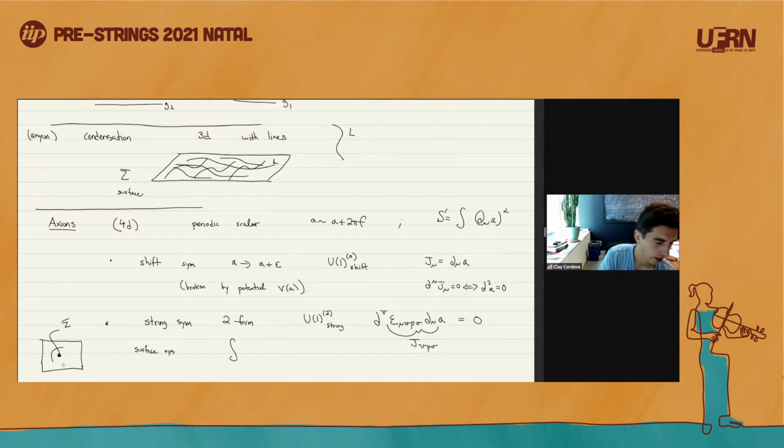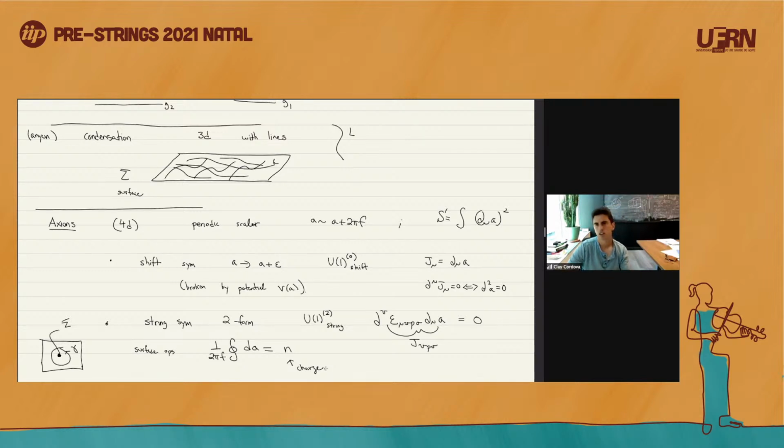And around that surface is a 1-cycle gamma. I've drawn a surface operator in 4 dimensions, so it's similar to a point in a plane in R2. So that's what I've drawn here. And the surface operator has the feature that if you integrate dA over gamma, divided by 2 pi f, you get n, where n is the charge. So that's the charged object for this 2-form symmetry.